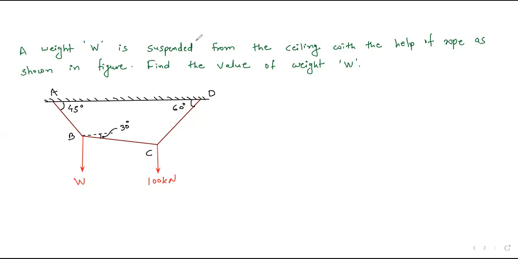If I draw the horizontal line over here, you can see clearly that this angle will be 60 degree. Okay, this angle is 60 degree, correct? And what will be this angle? If these two are alternate angles, then this angle is 30 degree.